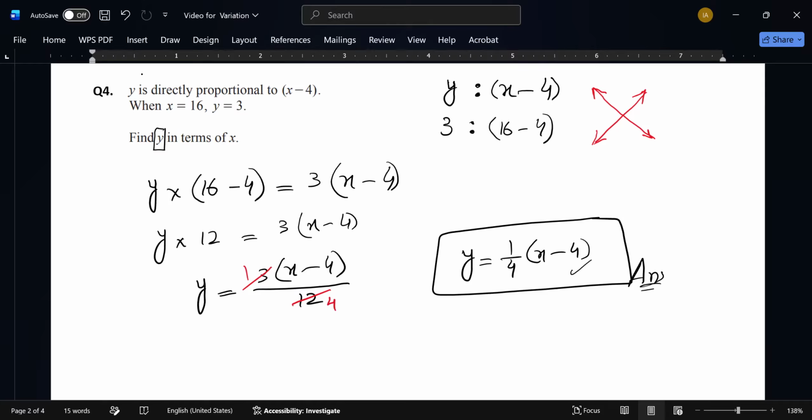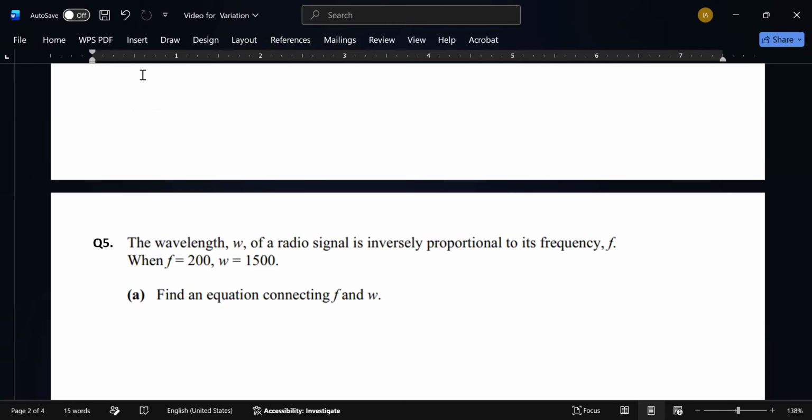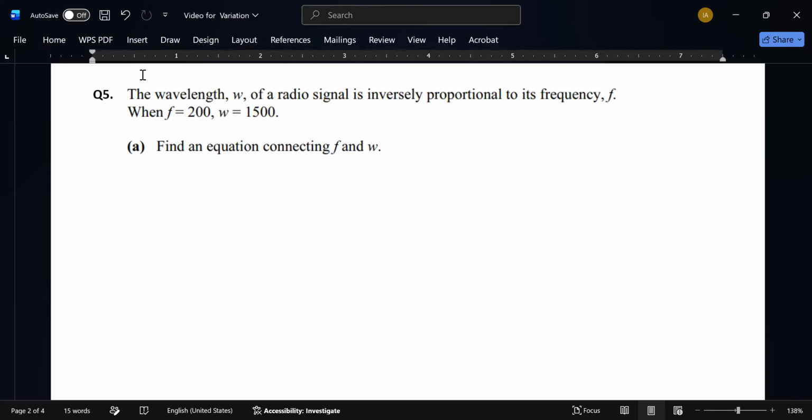Okay, so let's move on to the next question. The wavelength W for a radio signal is inversely proportional to the square of its frequency.